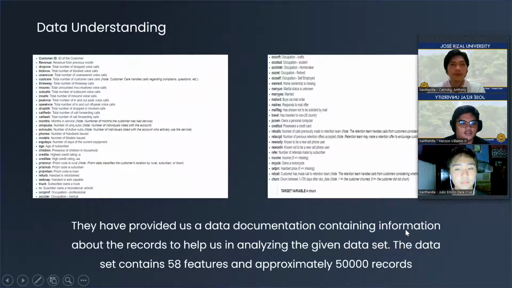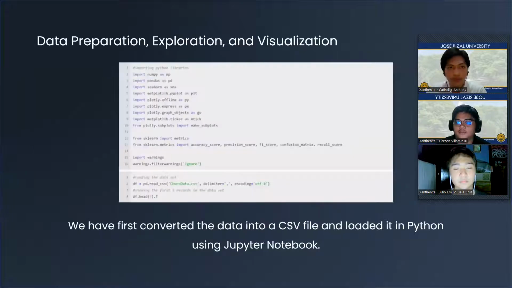For data understanding, they provided us a data documentation containing information about the records to help us analyze the given dataset. The dataset contains 58 features and approximately 50,000 records.